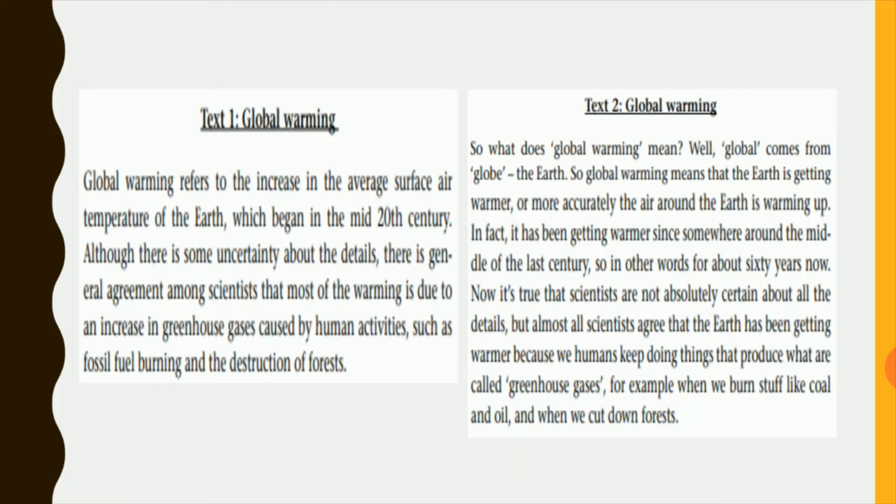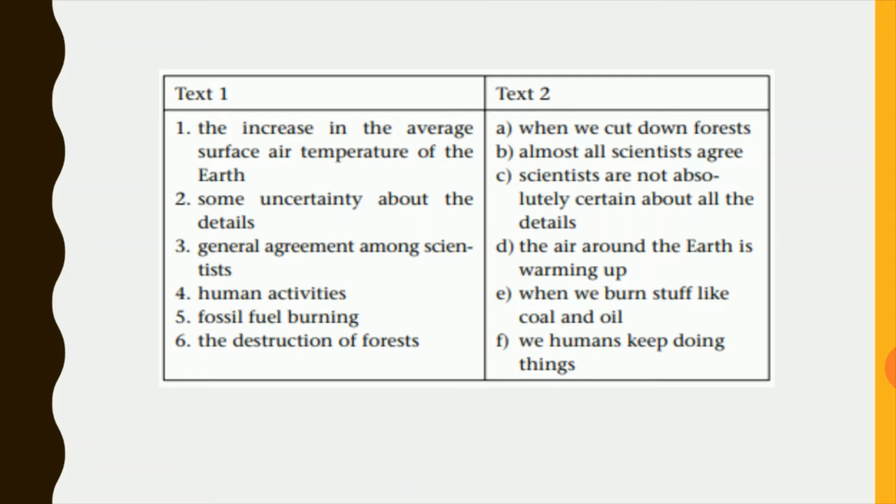These questions could be, for example, what are the texts about? What could you understand from text number one? What could you understand from text number two? And so on. And after making sure that the student understands the two texts, the teacher will give a worksheet.